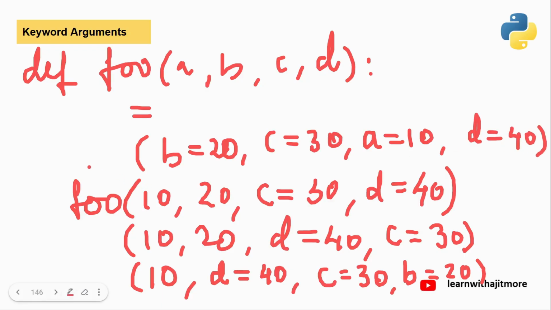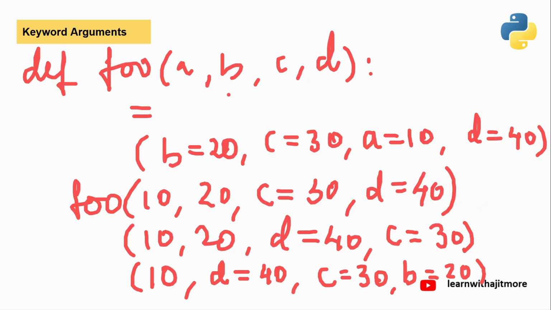Means all these calls are going to generate the same output. I hope you got it. Here, 10 and 20 are positional, so 10 corresponds with A and 20 with B. These are strictly positional, and then you start keywords. Then all the remaining should be keyword. That is the rule.